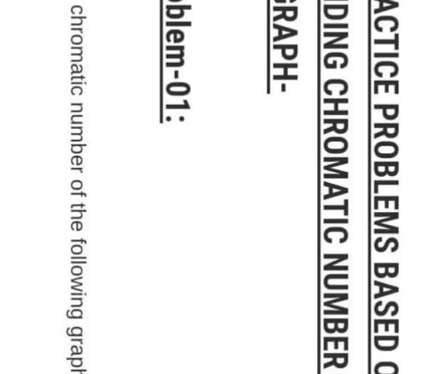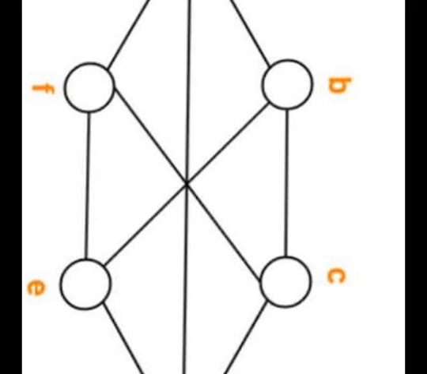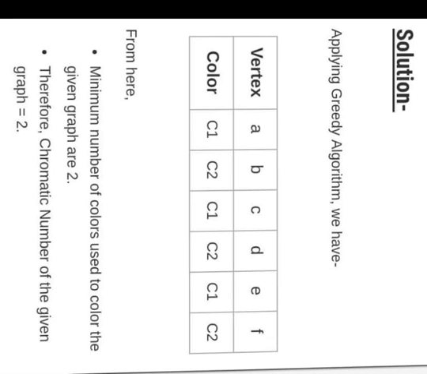Let's practice some problems by using the greedy algorithm. We have a problem: find the chromatic number of the graph. This is a graph having vertices A, B, C, D, E and F. Applying the greedy algorithm, colors can be assigned to each vertex as C1, C2, C1, C2, C1, C2.